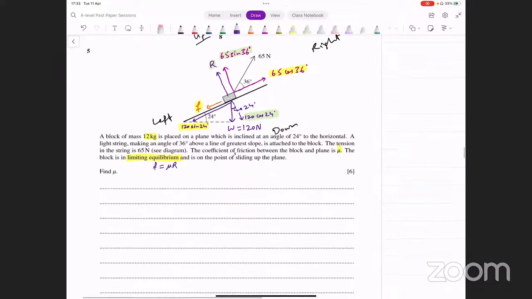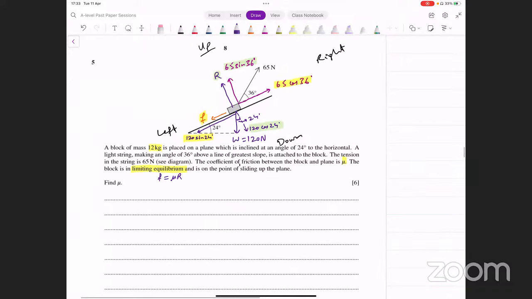All we have to do is equate the opposite forces. Upwards forces को downward forces से equate कर दें और left वाली forces को right वाली forces से equate कर दें. ठीक है? This is all that we have to do.